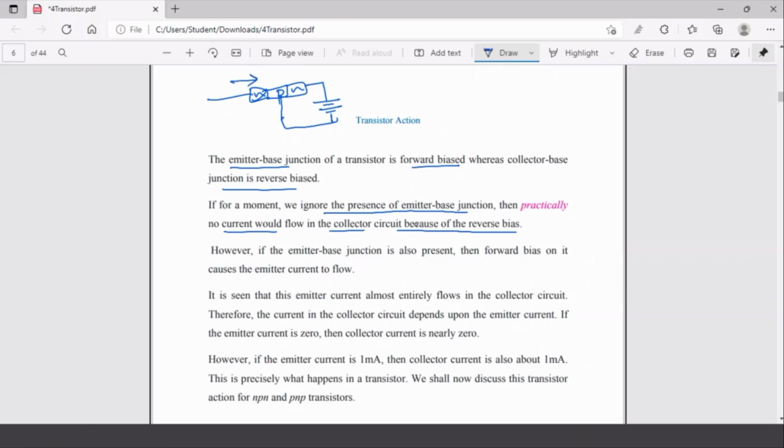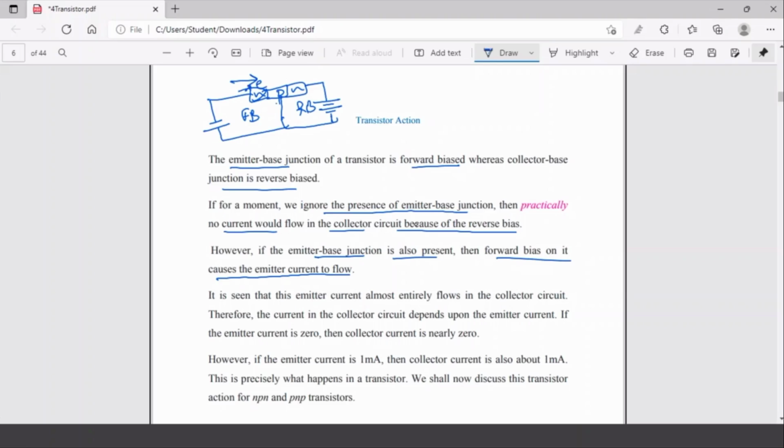If the base emitter junction is also present here, then forward biasing this region would lead to emitter current flow. That means if I forward bias this, forward bias means negative here, positive here, like this. This is now forward biased, and this is the reverse bias condition. So it will now release electrons here.